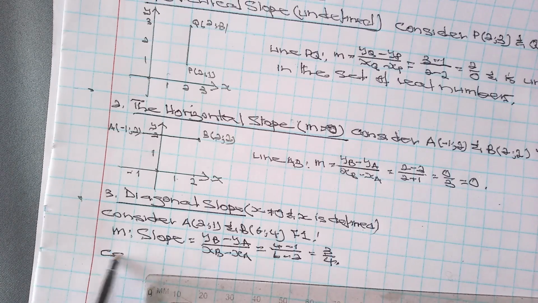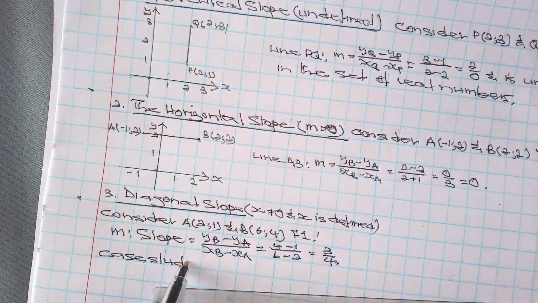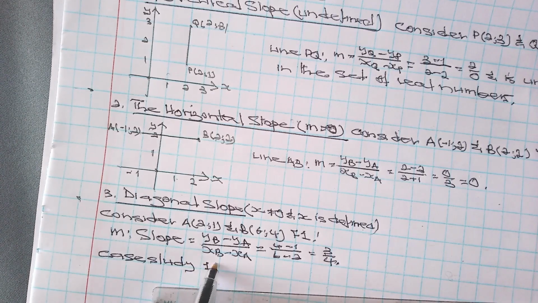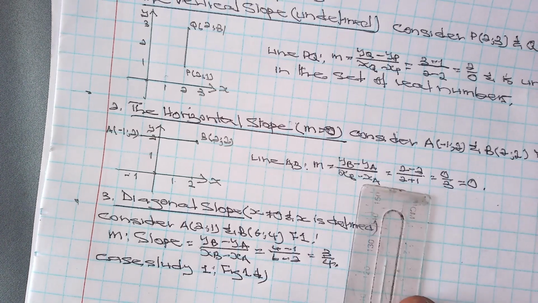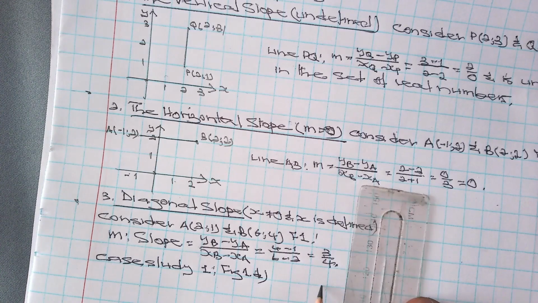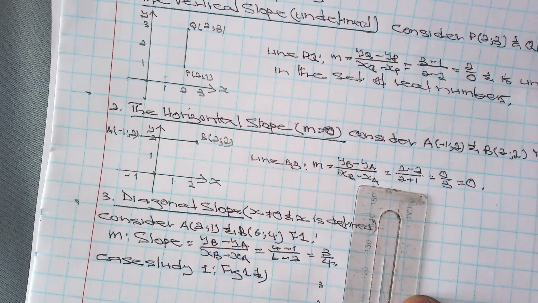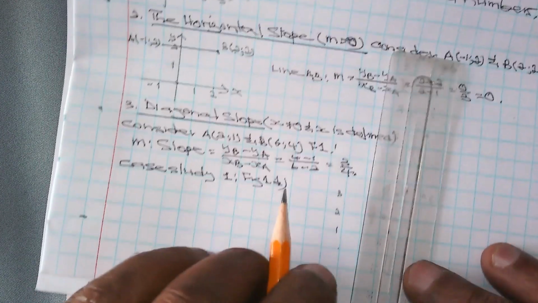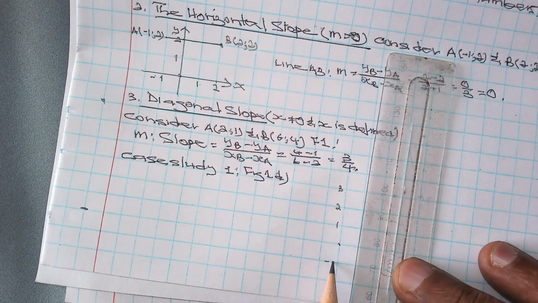Case study 1. Figure 1D. Here is figure 1D. I'm going to choose 3, 2, 1, 4 for the y-axis, which is 0, then minus 1, minus 2.